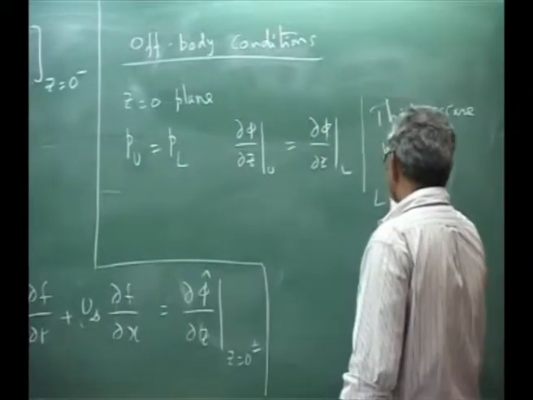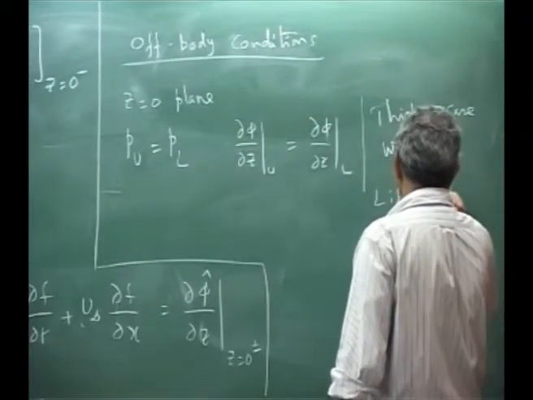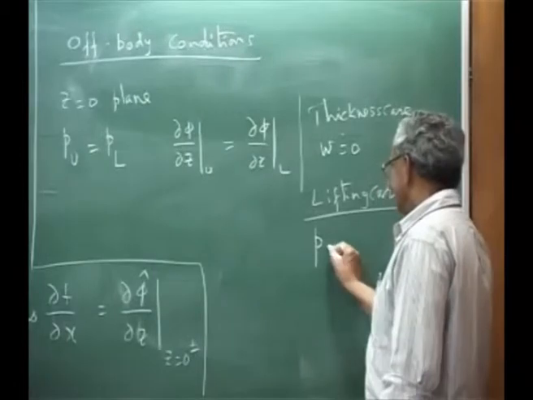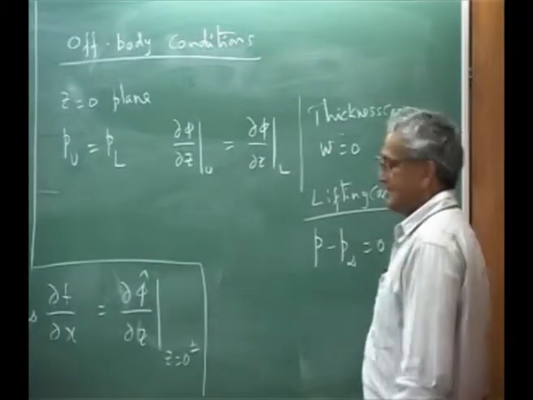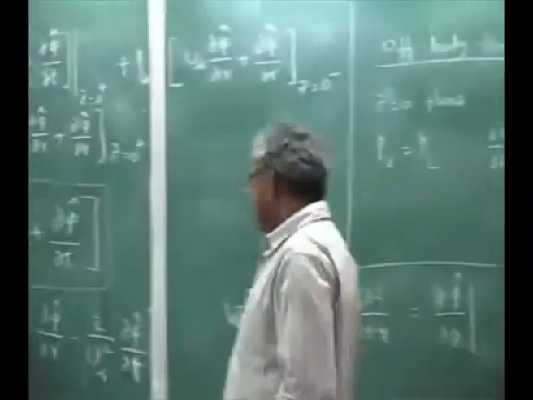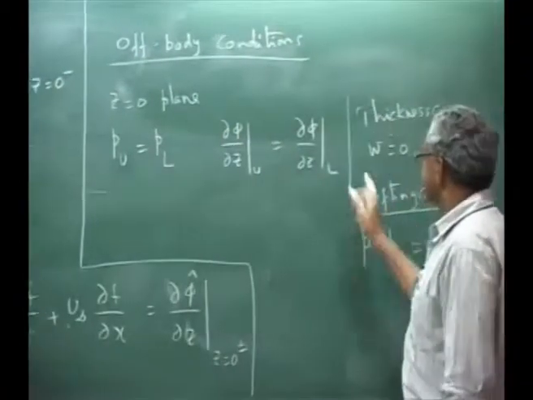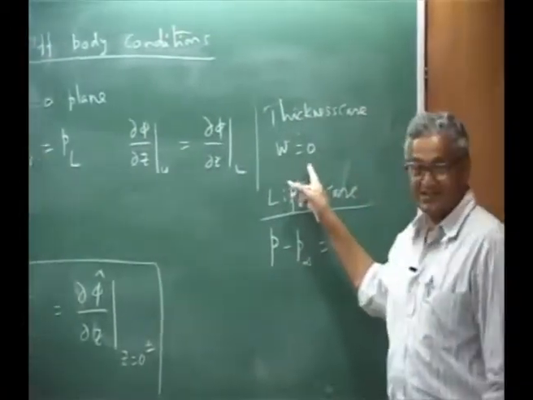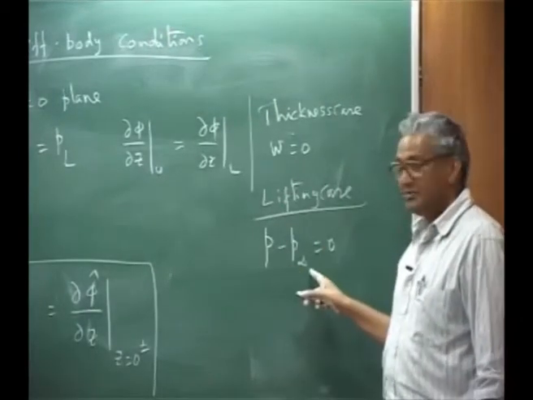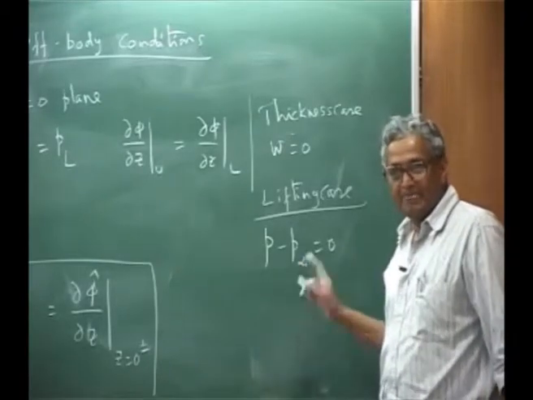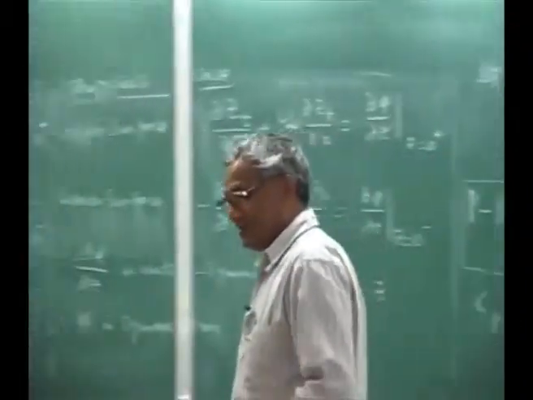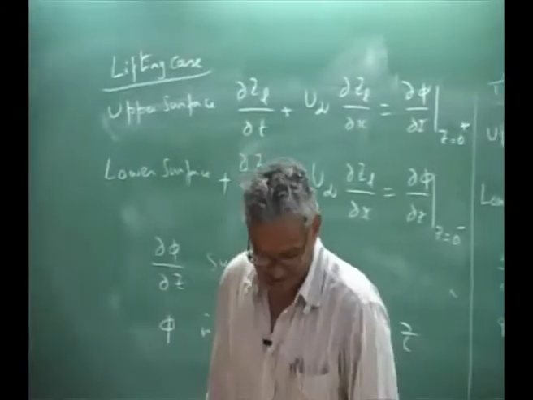So for the lifting case, pressure P minus P infinity must be 0. This is the off body boundary condition. This is on z equal to 0, this is off body. The thickness case says that W must be 0, and the lifting case says that P must be P infinity. Now, this is what is used in getting solutions later, off body boundary conditions.